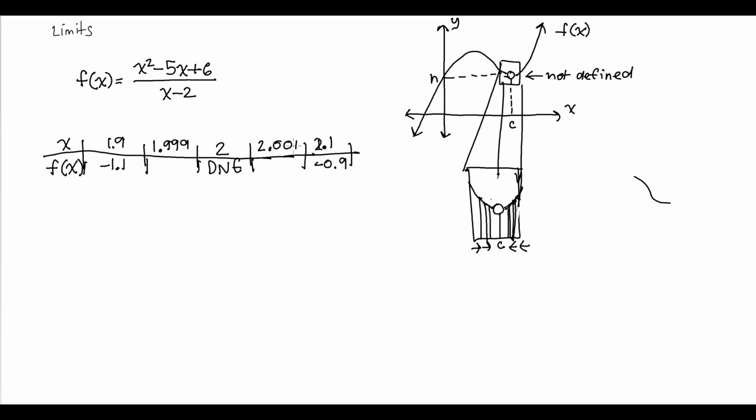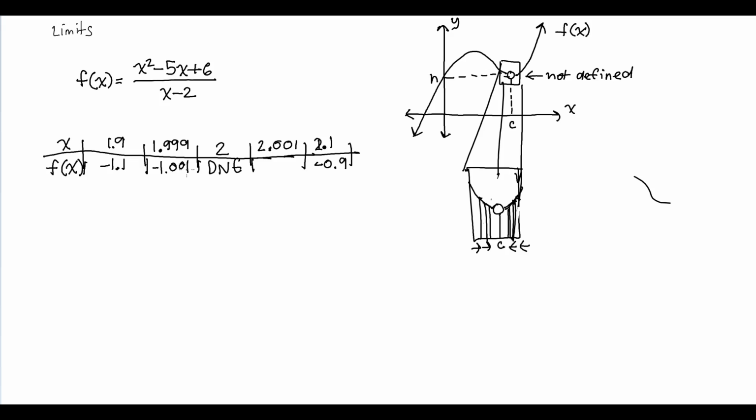Let's plug this into our function. Plugging in 1.999, we get negative 1.001.